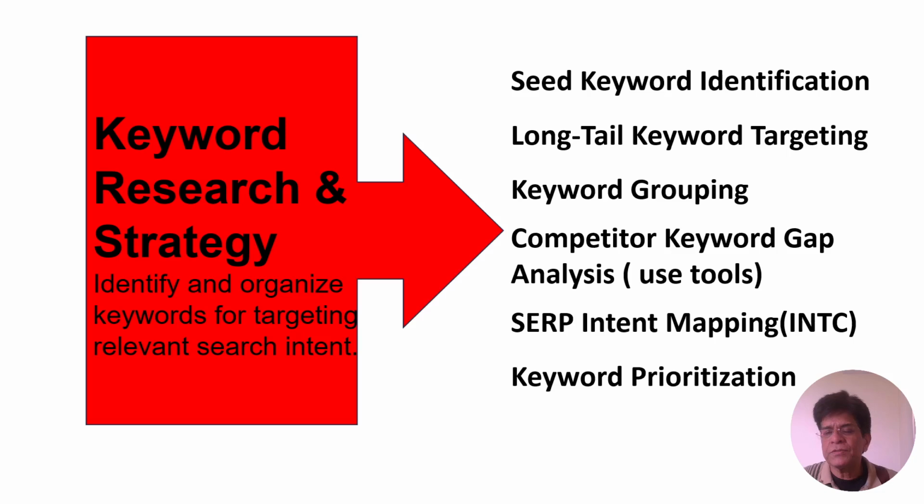Keyword prioritization: we have to ensure which of the keywords from the seed keyword identification should be ordered from top to bottom. Priority 1, priority 2, priority 3, priority 4. We have to have this research on that keyword. So we have to define those keywords and use them for building our content in our specific page, or landing page, or maybe the entire website.